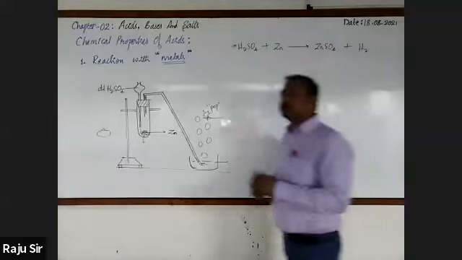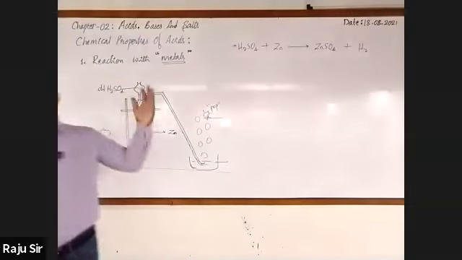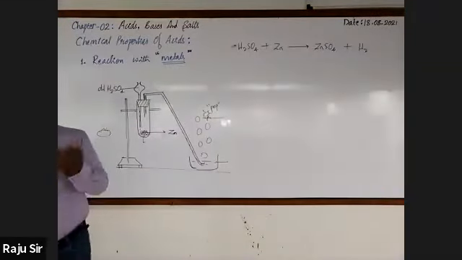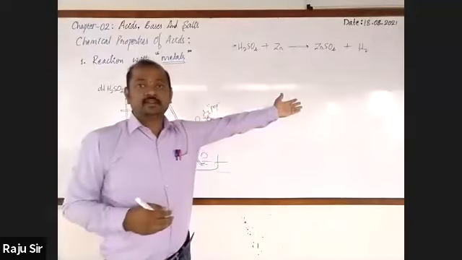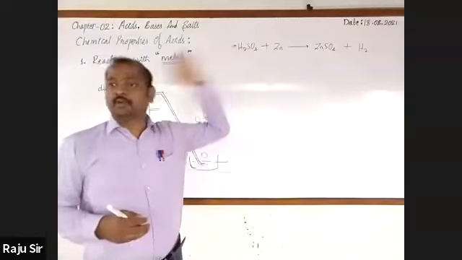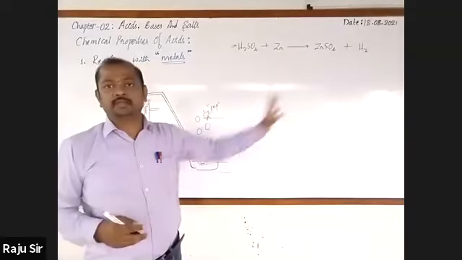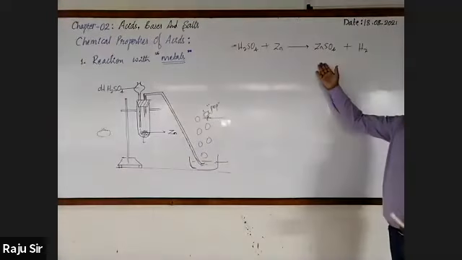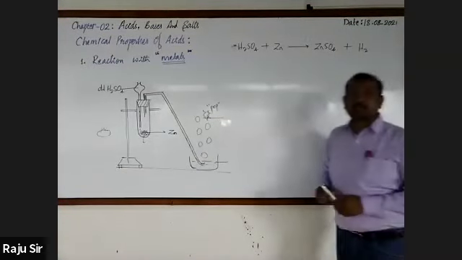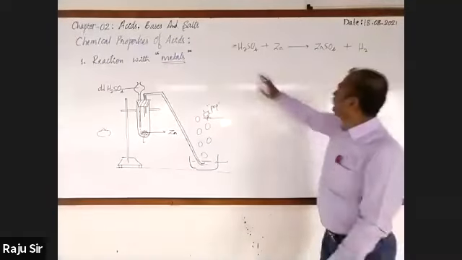So a question can be asked: name the products that are formed when acid reacts with a metal. What do you write? Salt with the liberation of hydrogen gas, or else salt and hydrogen gas. Is it balanced? Yes, it is balanced. Observe.